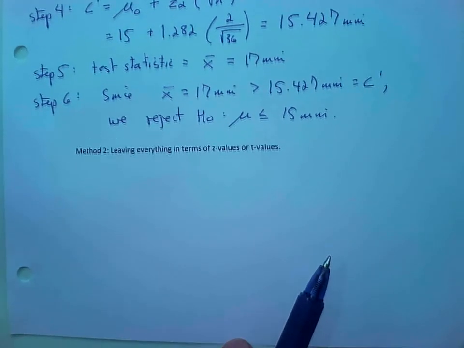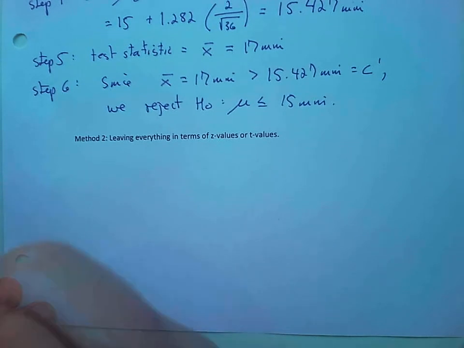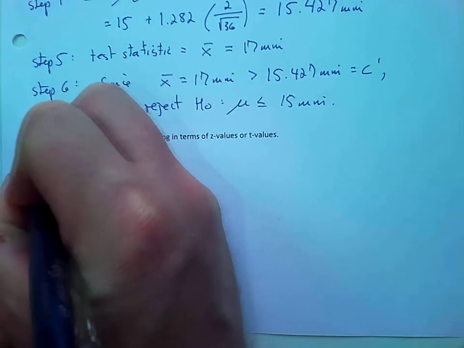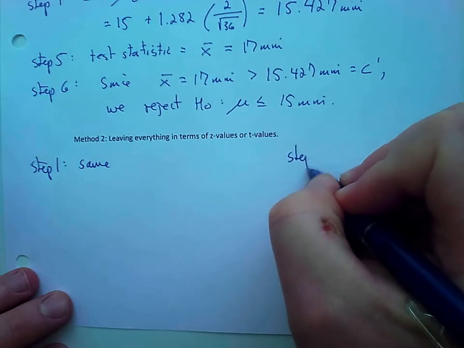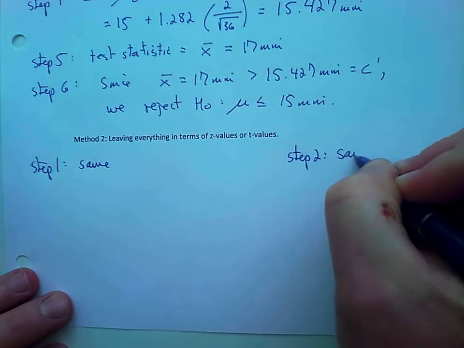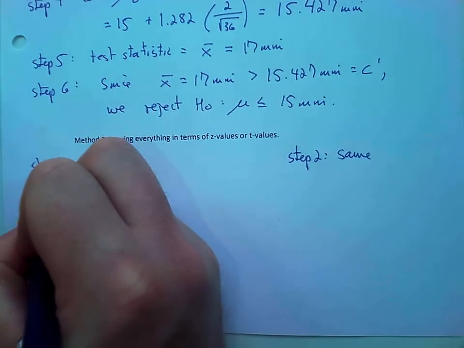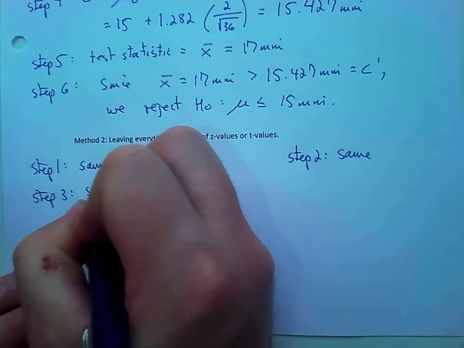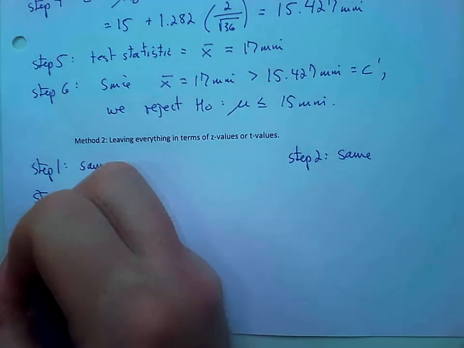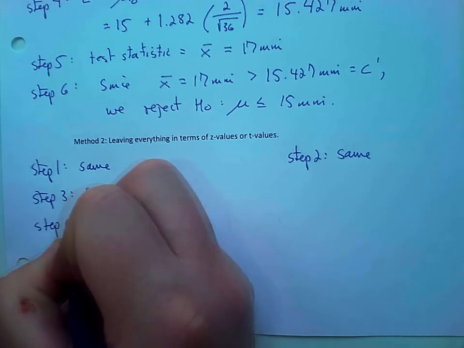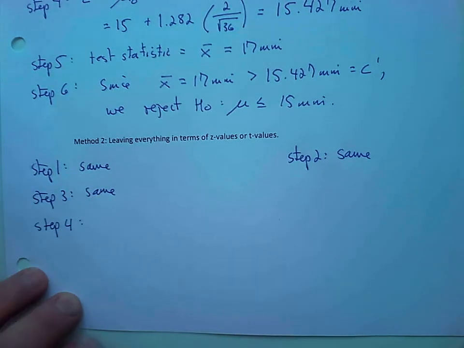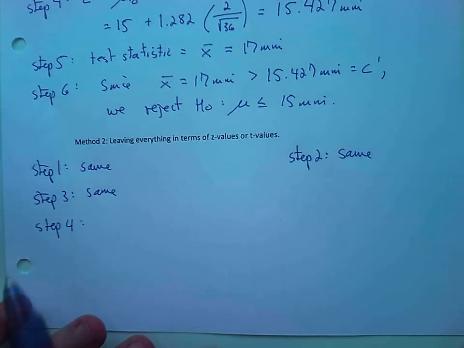Alright, going down to method number 2. We know that step number 1 for method number 2 is going to be the same thing. Step number 2 is going to be the same thing. And also for step number 3, we're going to have the same thing. But method number 2 starts to diverge from method number 1 once we get to step 4.